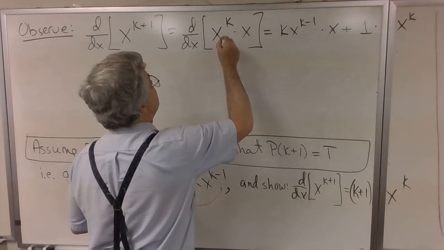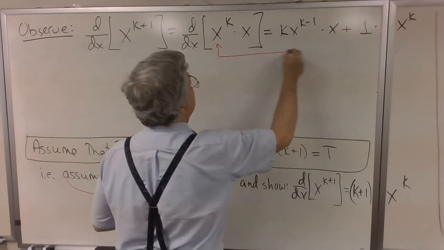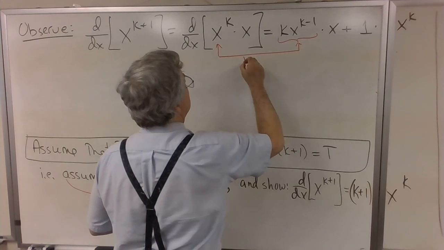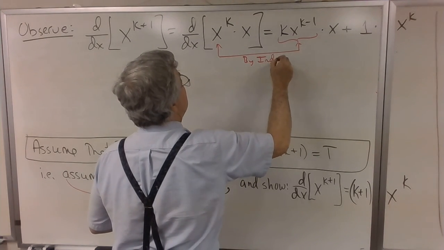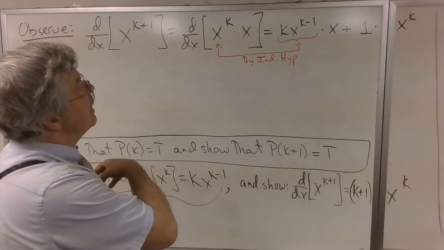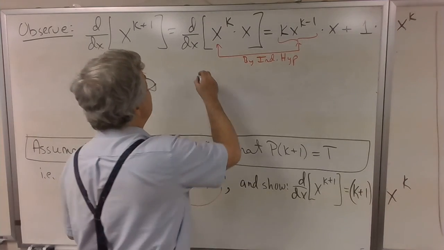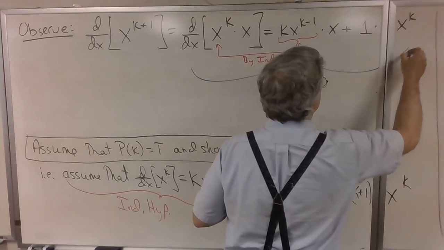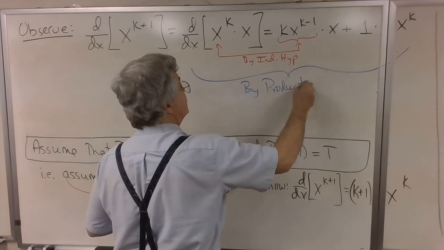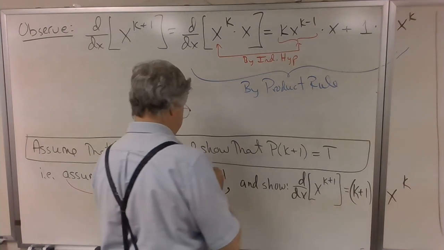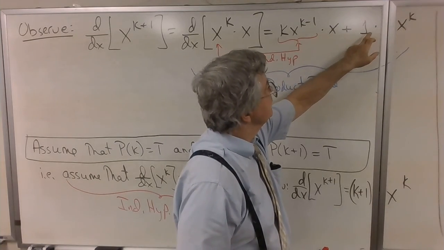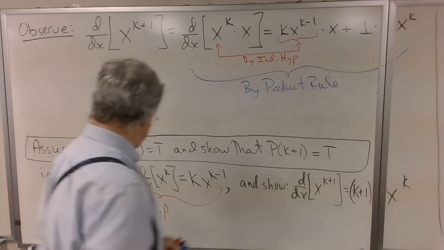Now, I know that derivative of x to the k is kx to the k minus 1 by the induction hypothesis. And this whole thing is true by the product rule. Derivative of the first times the second plus derivative of the second times the first.